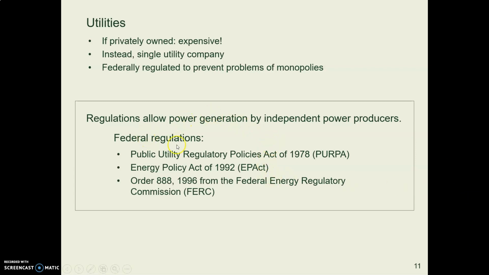And there are federal laws that say you are allowed to produce power if you're an independent producer. And the idea is, if you produce power and you send it out over transmission lines, and then your neighbor produces power and they send it out over their transmission lines, and everybody has a set of transmission lines and substations, that's just fabulously expensive. Nobody could afford to do it.